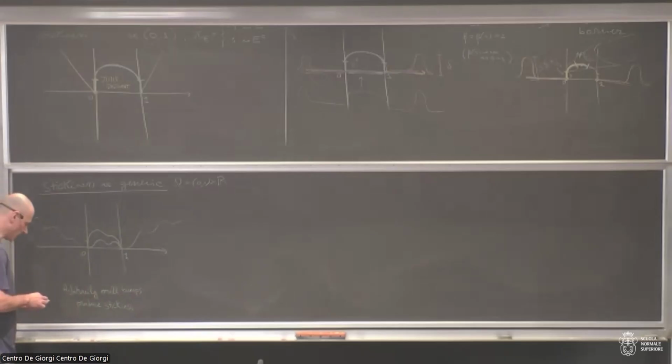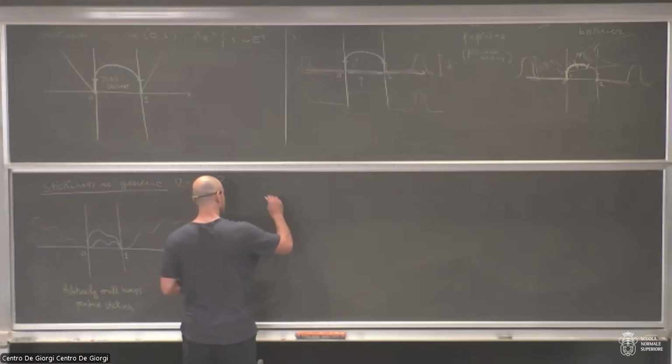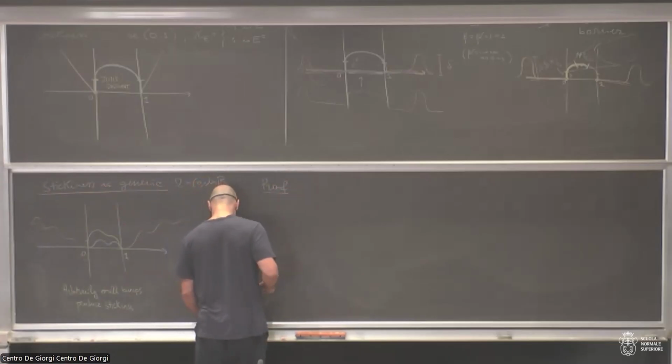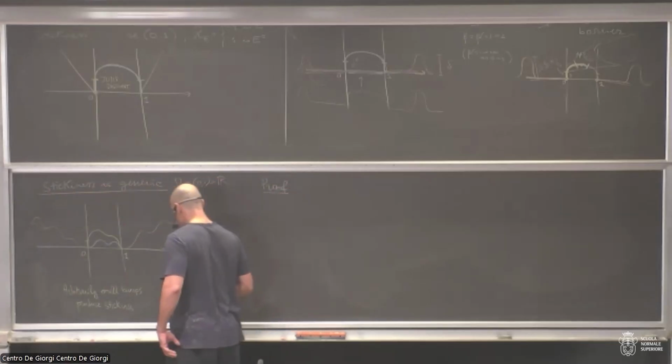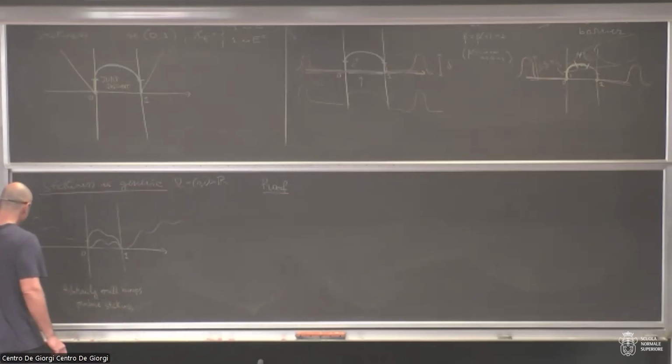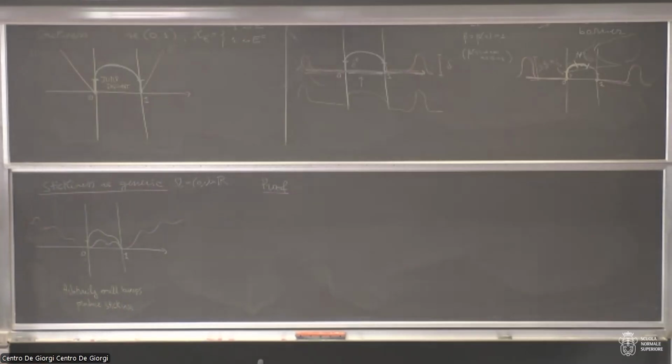Now, how do you prove this? Again, the proof is very technical, but it is based on some simple ideas. Well, the naive idea would be that you use the original picture as a barrier.